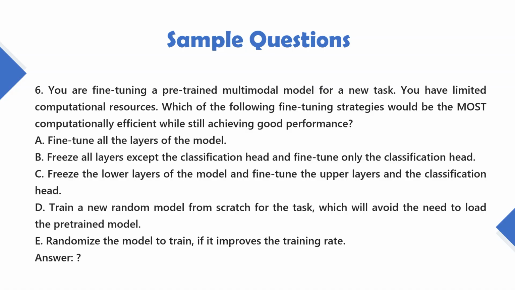B. Freeze all layers except the classification head and fine-tune only the classification head. C. Freeze the lower layers of the model and fine-tune the upper layers and the classification head. D. Train a new random model from scratch for the task, which will avoid the need to load the pre-trained model. E. Randomize the model to train, if it improves the training rate.